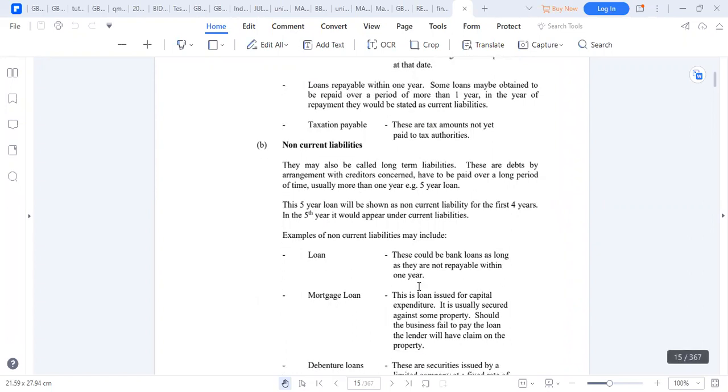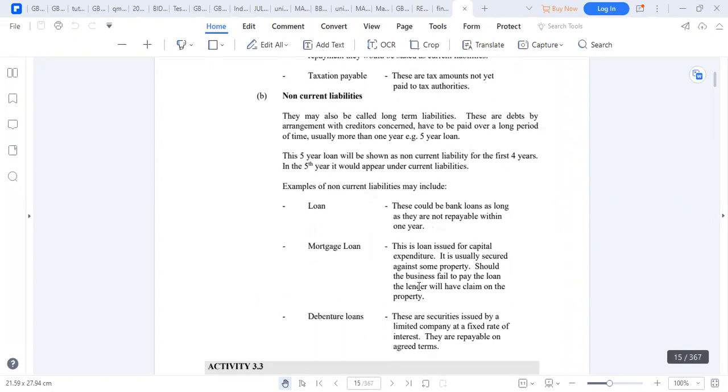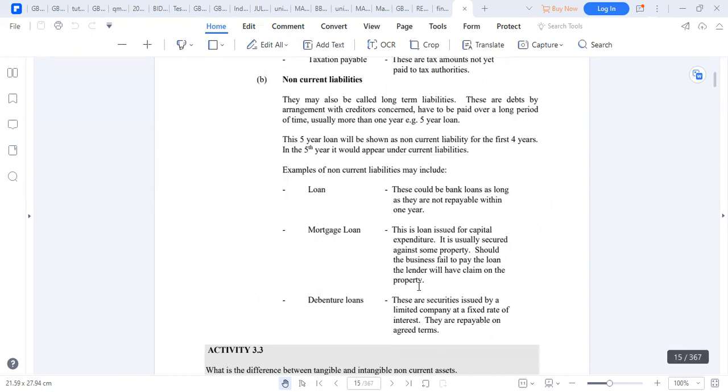Non-current liabilities are long-term debts that a company may need to repay over a long period of time. We talked about examples of long-term loans. These are bank loans that cannot be paid within a year. A mortgage, which is simply a loan issued for capital expenditure, specifically for some property that a bank may give, that should be paid within a period that is stipulated.